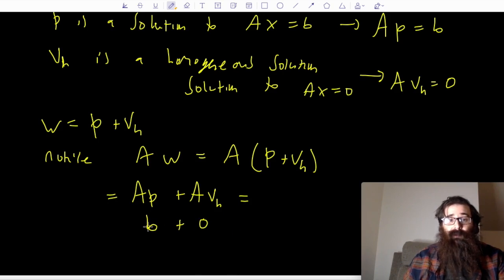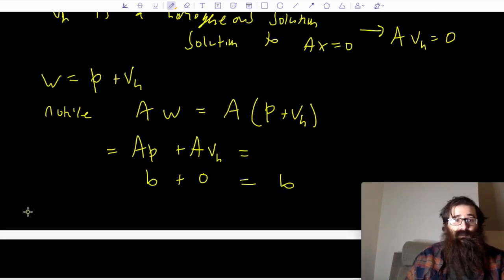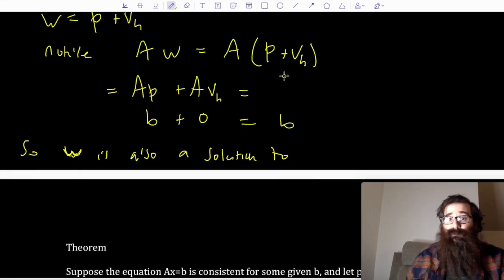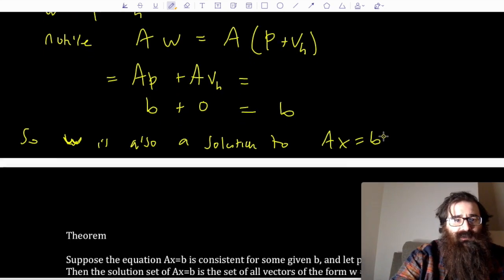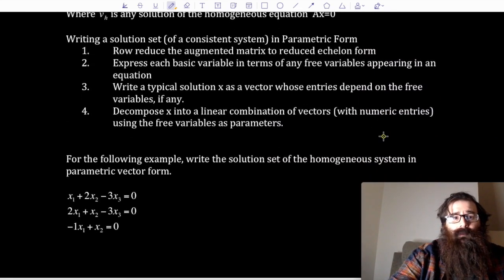Think of that as the 0 vector. And then b plus the 0 vector is just going to give me b back out. So this is also a solution. So w is also a solution to Ax equals b. So not so bad to show this or sort of get an idea as to what's happening there.